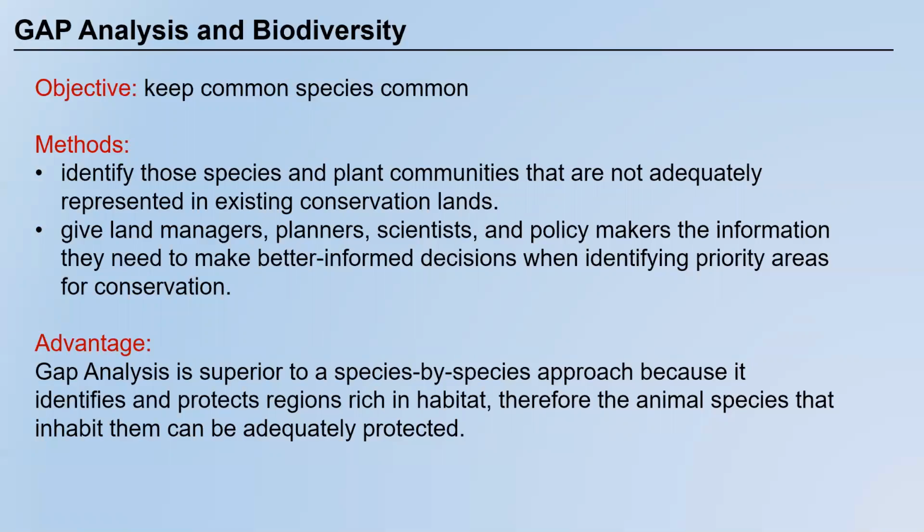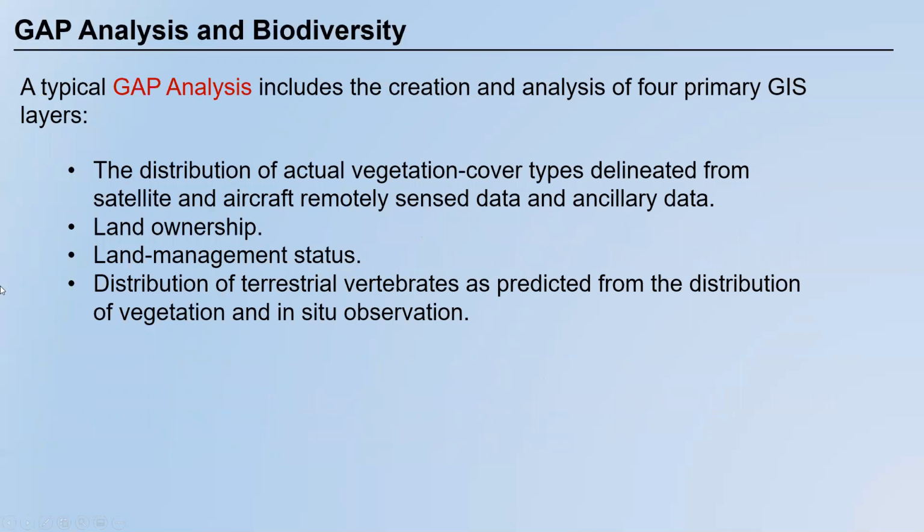It focuses on the areas, the regions in which those species live, right? A typical gap analysis includes the creation and analysis of 4 primary GIS layers. That's the reason why I said that you can also consider GAP analysis and biodiversity as a data source, because you can download data from there.